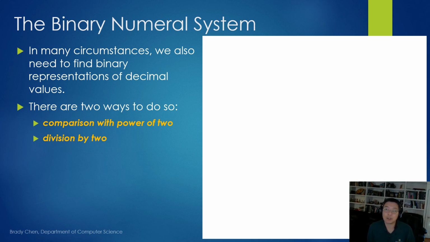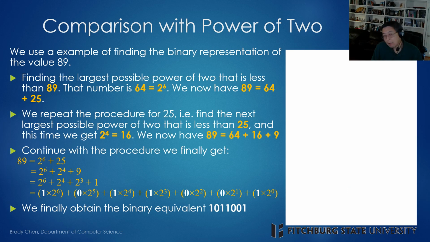The other one is division by 2. So now let's take a look at the first approach, the comparison with power of 2. First we use the example of finding a binary representation of the decimal value 89. Okay, so let's see, we have a number 89.